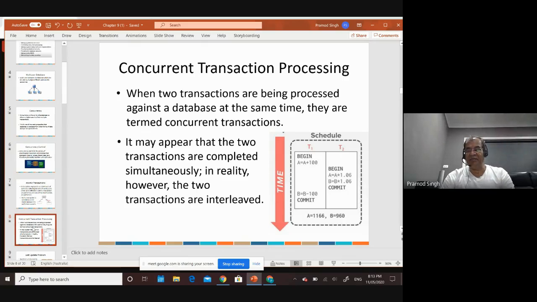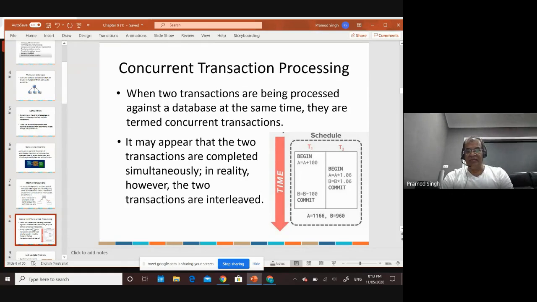But in the meantime, transaction 2 started before B was reduced, and transaction 2 took A and B records at the same time, the value of that, and multiplied by 1.06 interest, you can say, and that commit was done. The transaction was completed. It means transaction T2 came in between the T1.